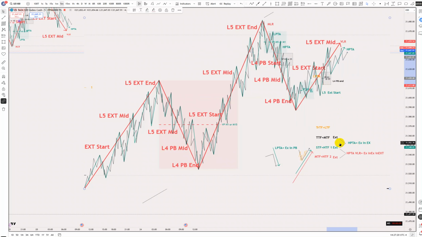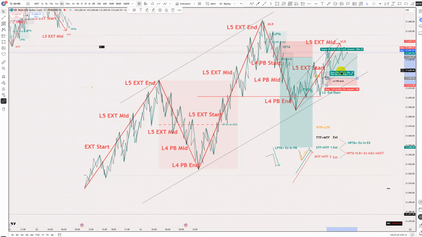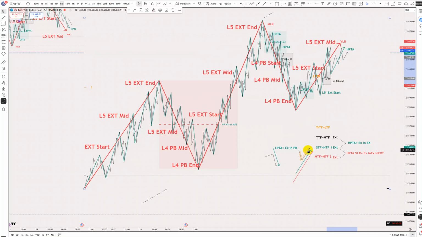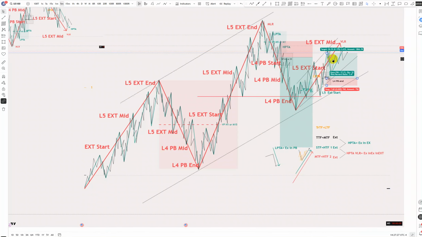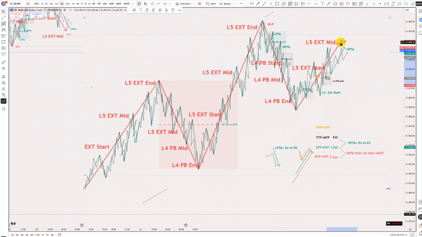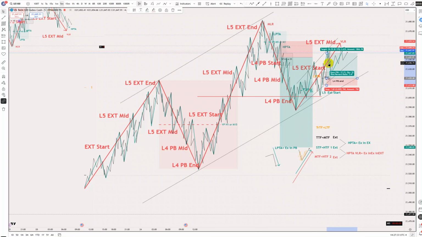Now, if you consider this one, sometimes we have alignment of 3 time frames. If we have 3 time frames aligned, it means that it is not only a high probability, it is also a very low risk area. It means that you can trail your target, and even your stop behind that.